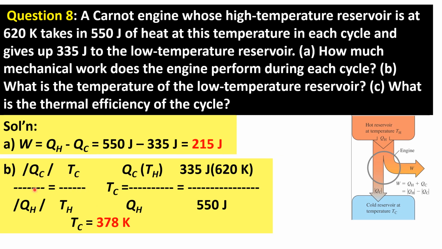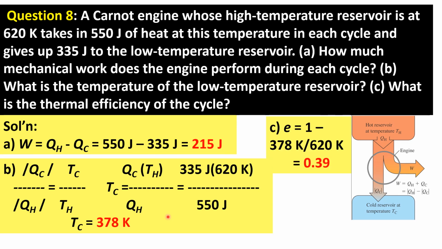Using this formula, the magnitude of Qc over the magnitude of Qh is just equal to Tc over Th, and transposing the formula so that we will have Tc on one side of the equation, Tc becomes equal to Qc multiplied by Th divided by Qh. Substituting, we will get the value of 378 Kelvin as the cold reservoir temperature.